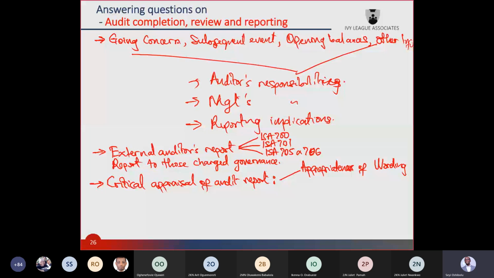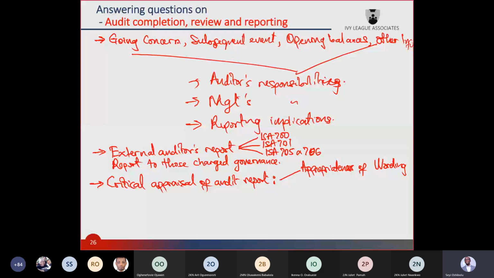For example, imagine if the opinion says, we have audited the financial statement of ABC Limited, which include statement of comprehensive income, statement of financial position, chairman's statement, statement of cash flow, statement of changes in equity. The examiner expects you to bring out chairman's statement and say, no, auditors don't express an opinion on chairman's statement.